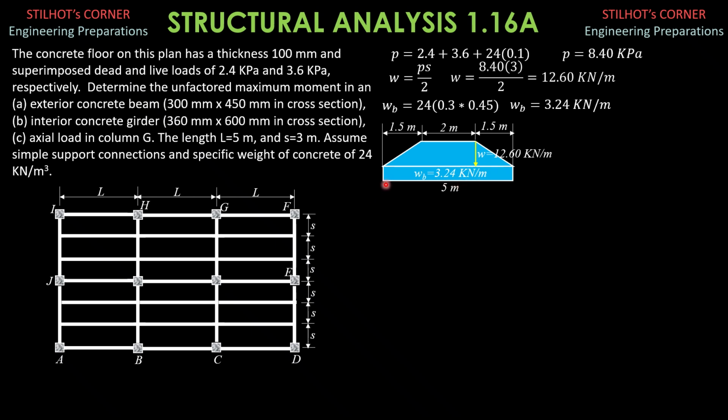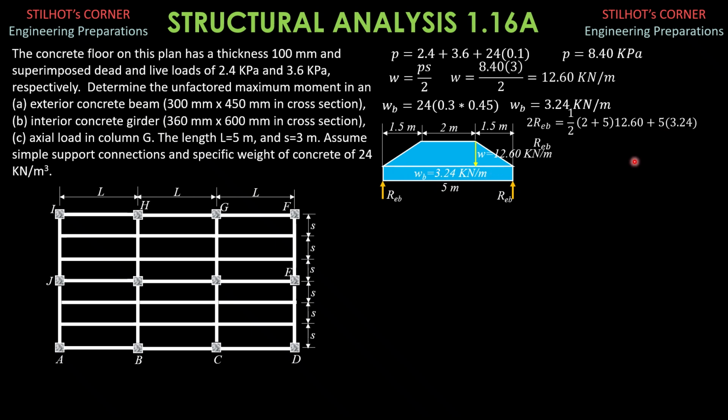Let's call the reaction at the end of the exterior beam REB. From the figure, this is 1.5, S over 2, and 5 meters is the length of the beam. So summation of forces in Y, REB is equal to the area of the trapezoid, 1/2 times 2 plus 5 times 12.6, plus the area of this rectangle, 5 times 3.24.